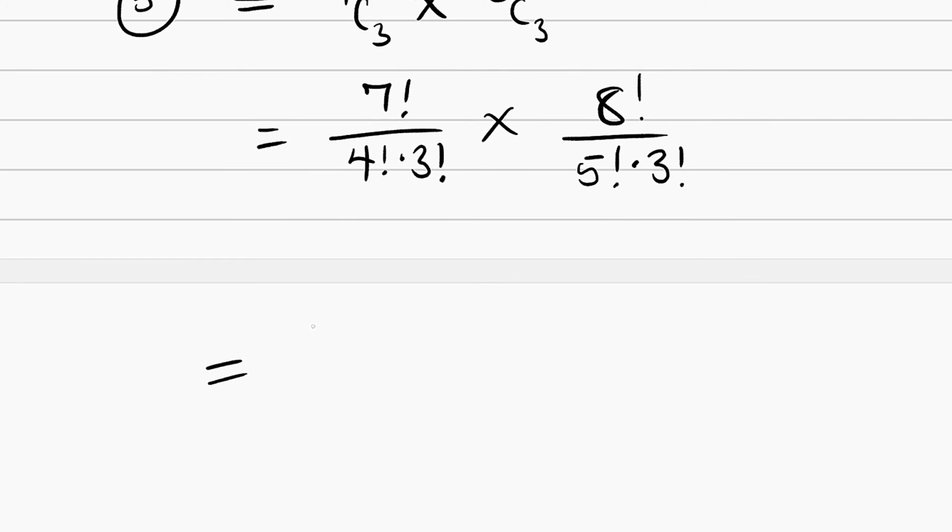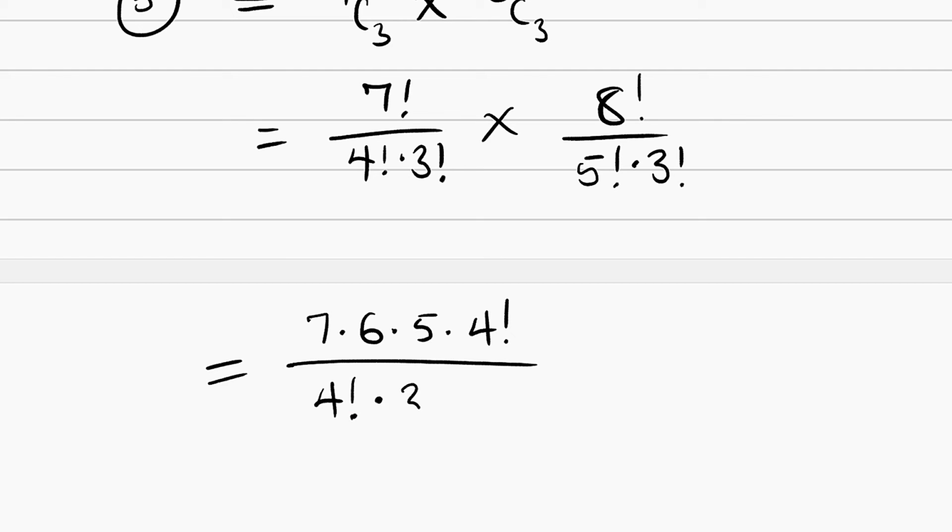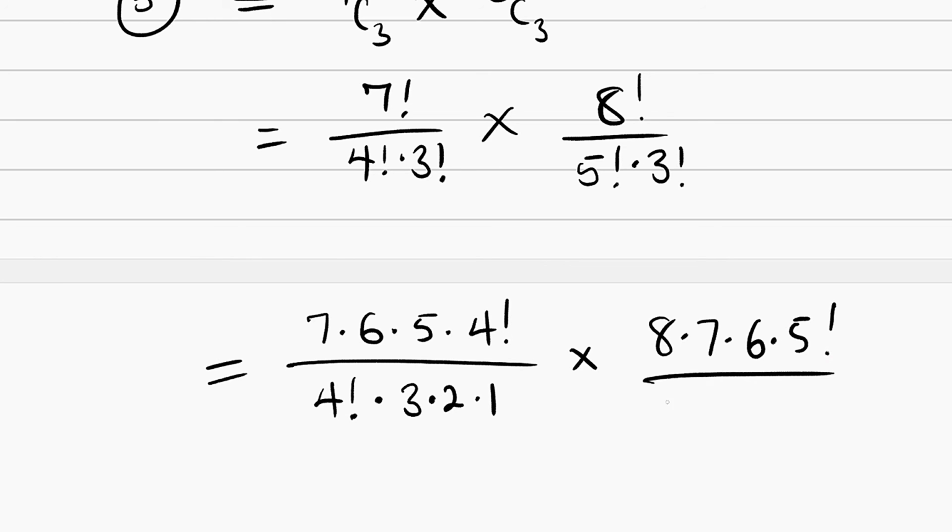This is equal to, we have 7 multiplied by 6 multiplied by 5 multiplied by 4 factorial divided by 4 factorial multiplied by 3 to 1 for 3 factorial, multiplied by 8, 7, 6, 5 factorial divided by 5 factorial multiplied by 3 to 1.